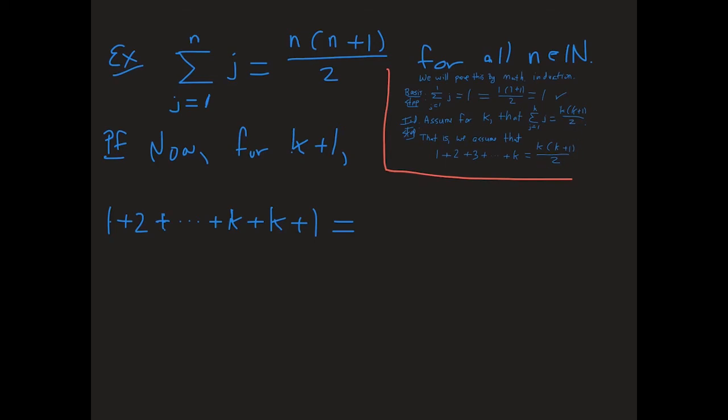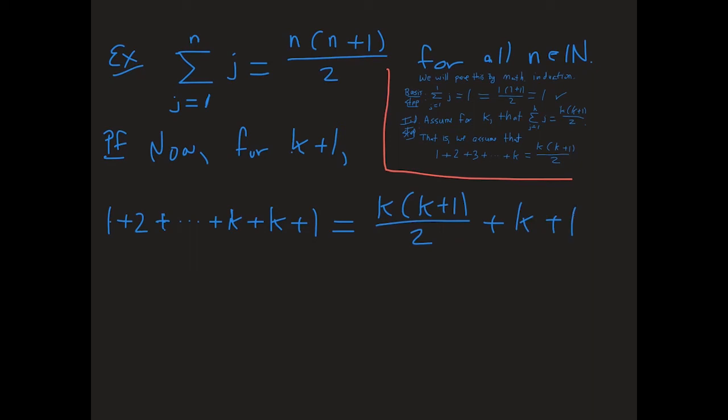That was part of the inductive step. It's what's called the inductive hypothesis, actually. So I can write this as k times k plus 1 divided by 2, but I still have that k plus 1 term. So this is plus k plus 1.